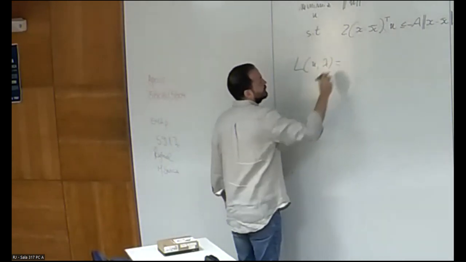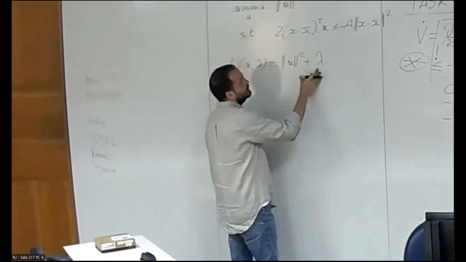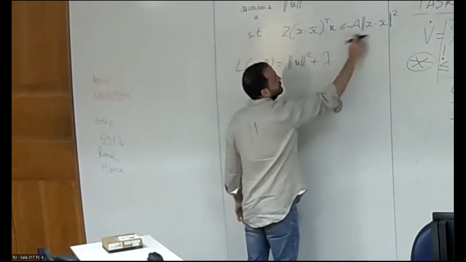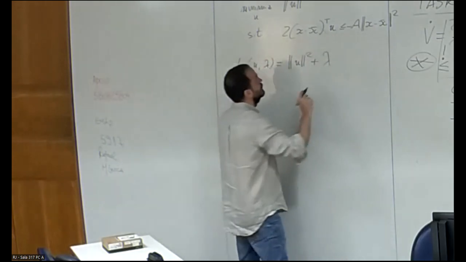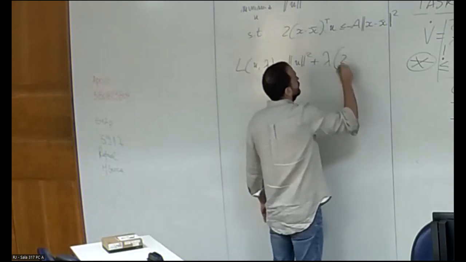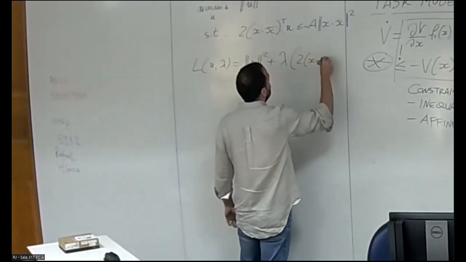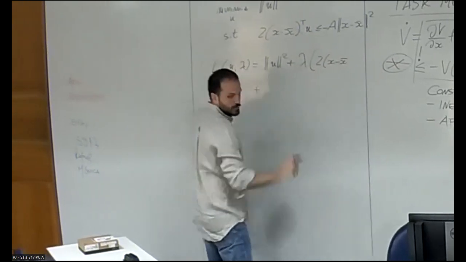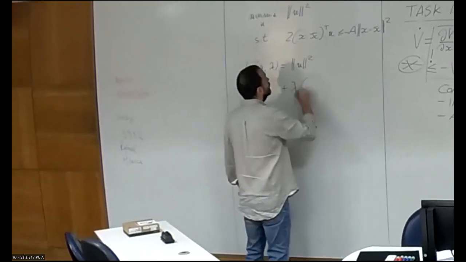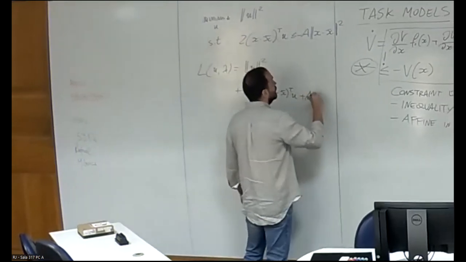We define the Lagrangian to be the cost plus lambda, the Lagrange multiplier, which in this case is a scalar because it is a scalar constraint, one single value, times the constraint: lambda times minus 2(x minus x bar) transpose u plus a.